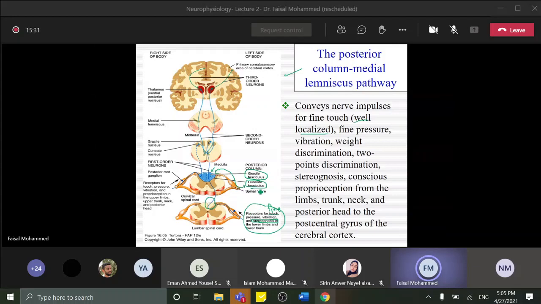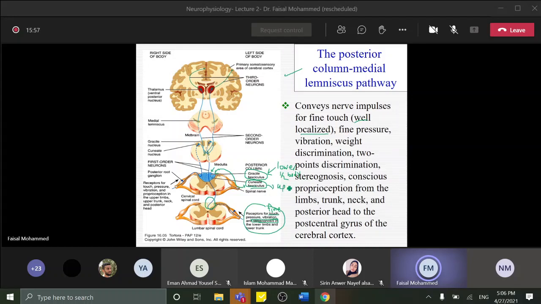Fasciculus gracilis carries the information from the lower half of the body, and cuneatus brings the information from the upper half.